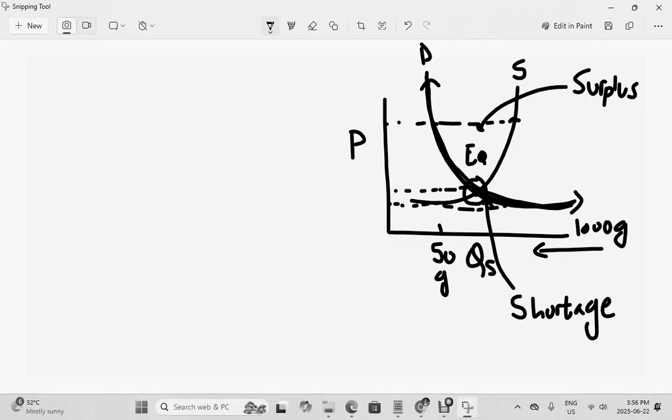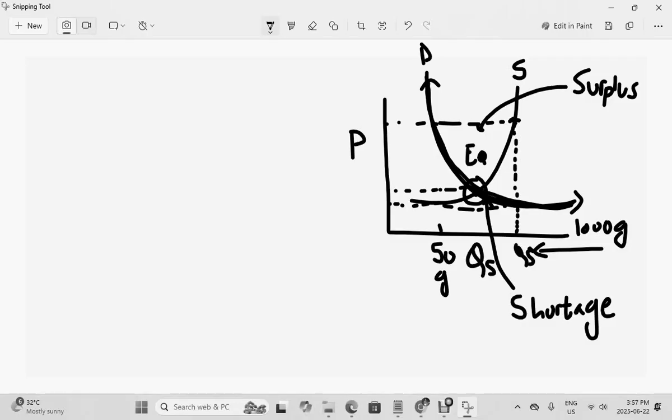And this is more than what the consumers are willing to buy. Because their QS is more than their QD, they're going to cut the prices down to be able to pay their employees and their operating expenses.